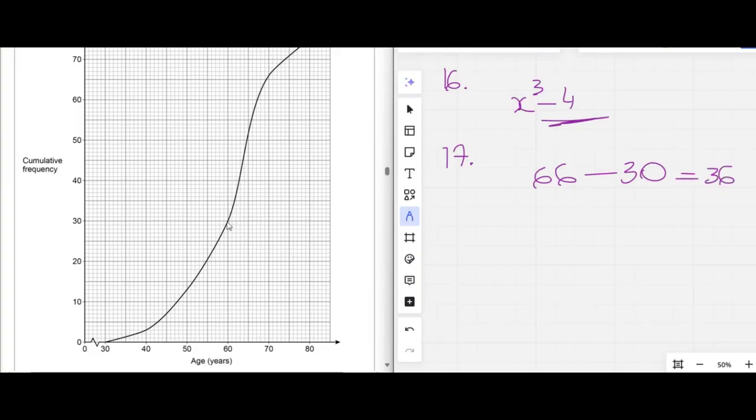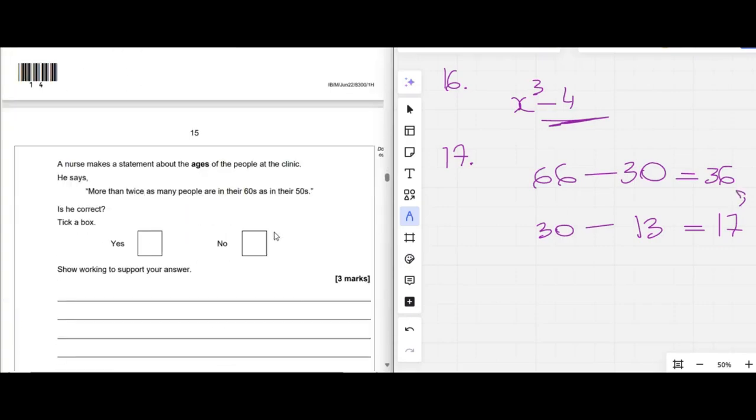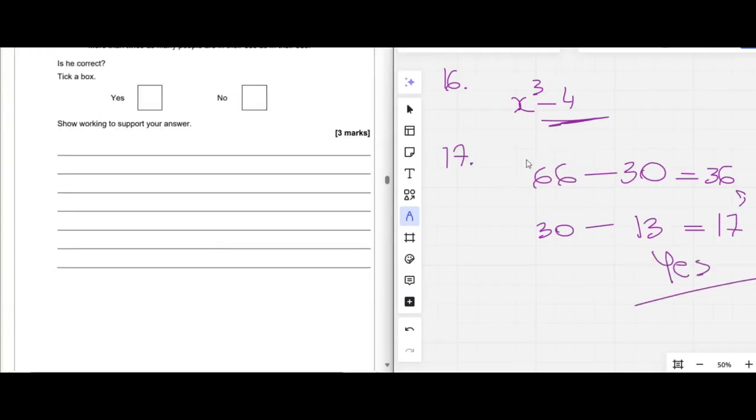And in the 50s, we have 30 and 13. So that's 17 in total. So that's more than twice. More than twice, yes. And that's the working to support the answer.